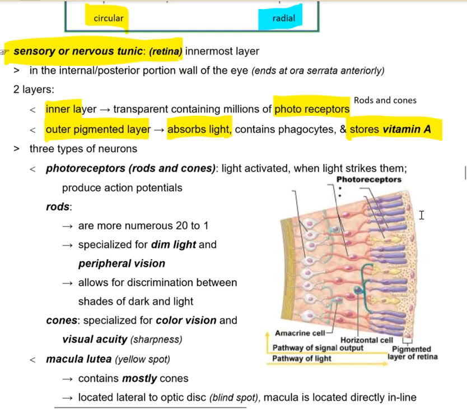Okay. Now, we're looking at a cross section of the retina. Notice it says pathway of light, and there's an arrow pointing from the left to the right. So light is entering this way. Light will actually go past all these, and these are our rods and cones. I don't know if I can write rods and cones in here.